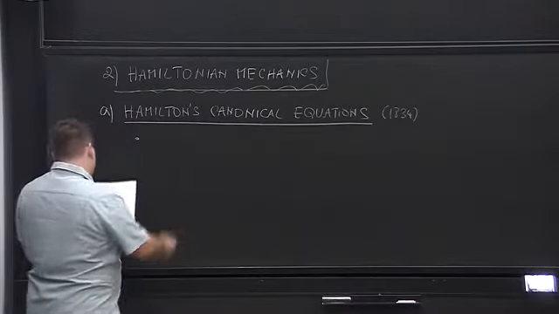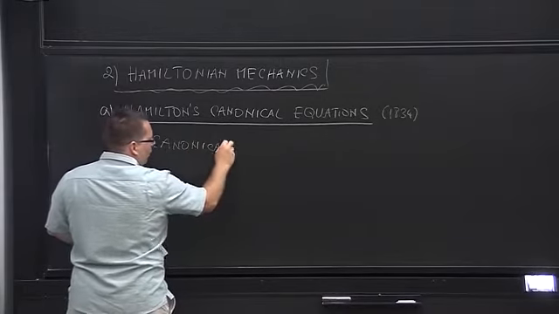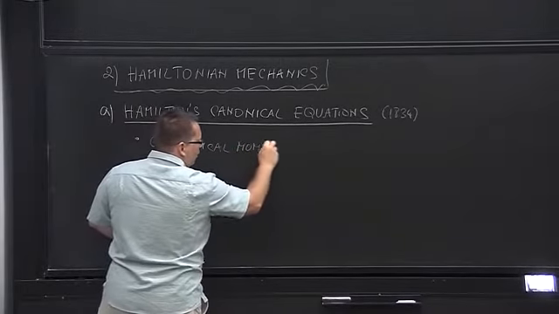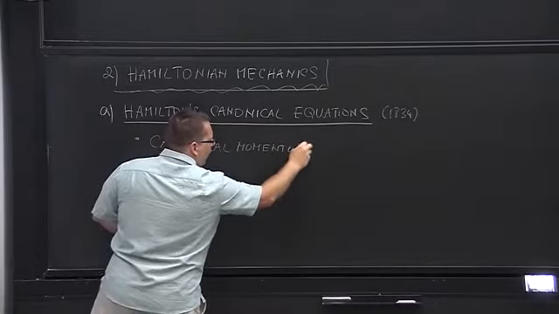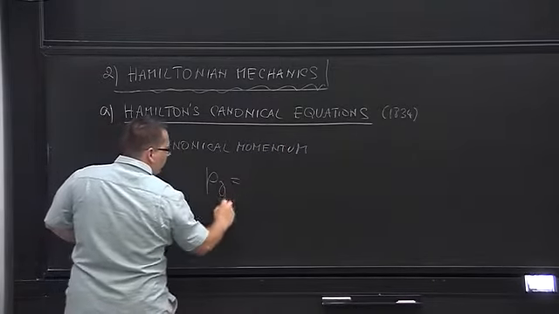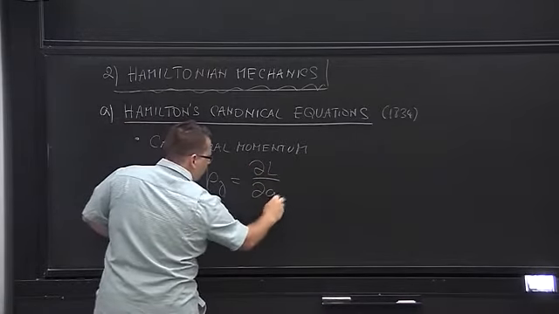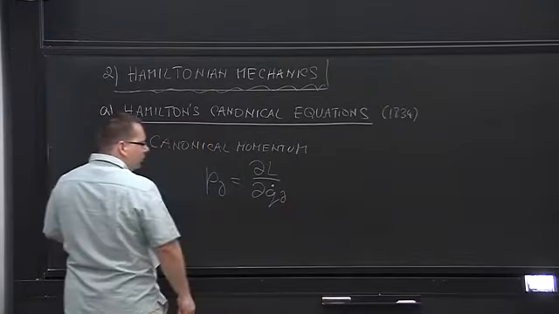So the first step, if you start with the Lagrangian, is to define the canonical momentum. If you have the Lagrangian L, you just define p_j to be ∂L over ∂q̇^j.